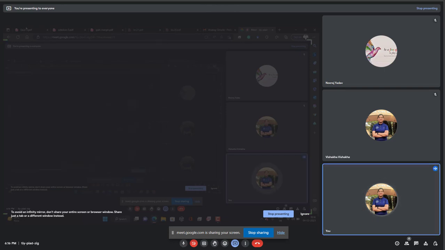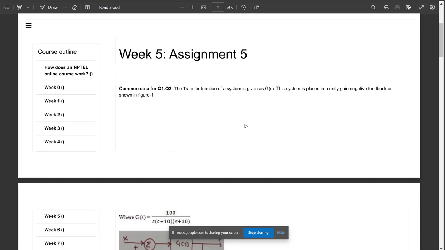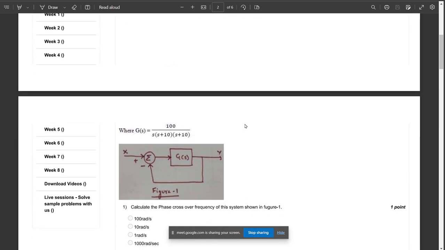Before starting the session, I would like you to have a copy and pen with you. While we are solving the assignment, you should solve it yourself before we give the solution, because when you solve the question yourself, you get to know what your doubts are.